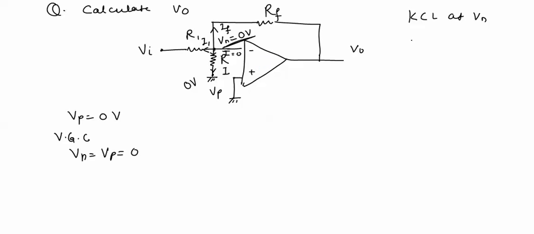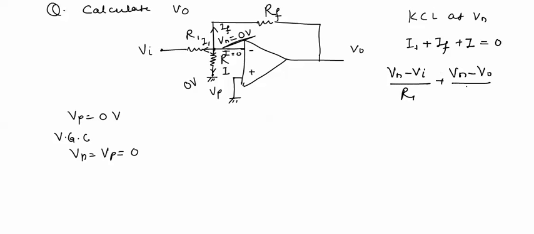Now total outgoing current I1 plus IF plus I will be equal to 0. Total incoming current, no incoming current. One more current will be there in the input terminal of op amp, and we have already shown that this current is 0. I1 will be written as V1 minus Vi divided by R1, plus IF will be V1 minus V0 divided by Rf, plus V1 minus 0 divided by R equal to 0.